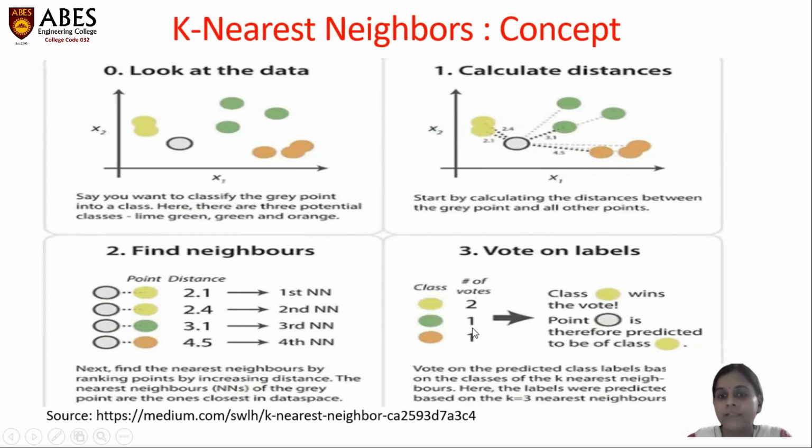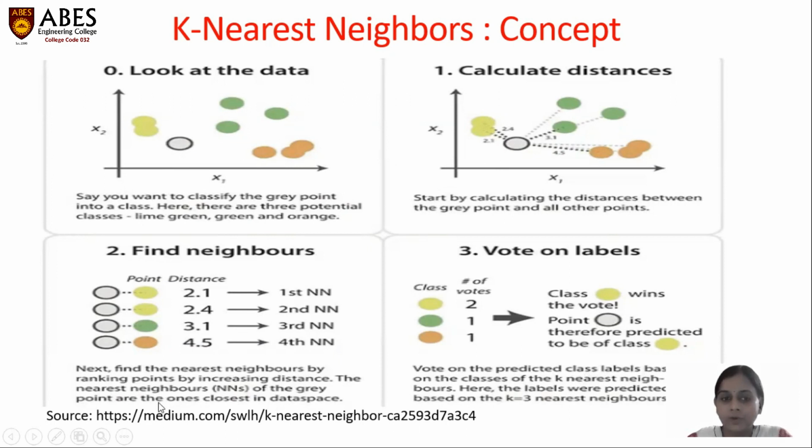The class is green, number of votes is 1. The class is orange and the number of votes is again 1. So according to the majority voting rule, the gray data point will belong to the class having the majority of votes. So we can say according to KNN, the gray data point belongs to the yellow class.